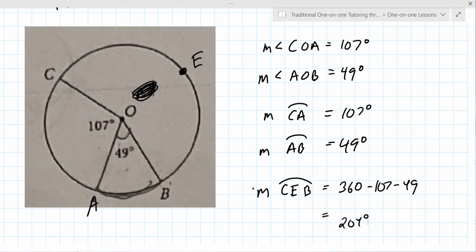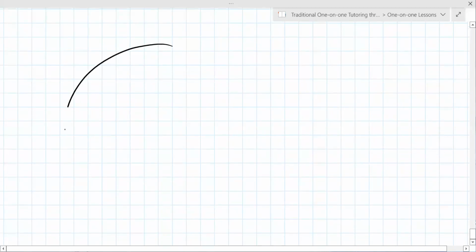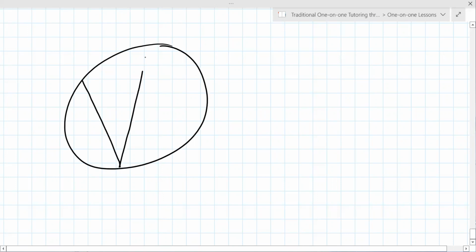Okay. So that's kind of a problem you'll get. Here's another problem you might see. Let me see if I can get this right. They'll tell you that this is 50 degrees. And then let's call this SAT, and then we'll go C here.